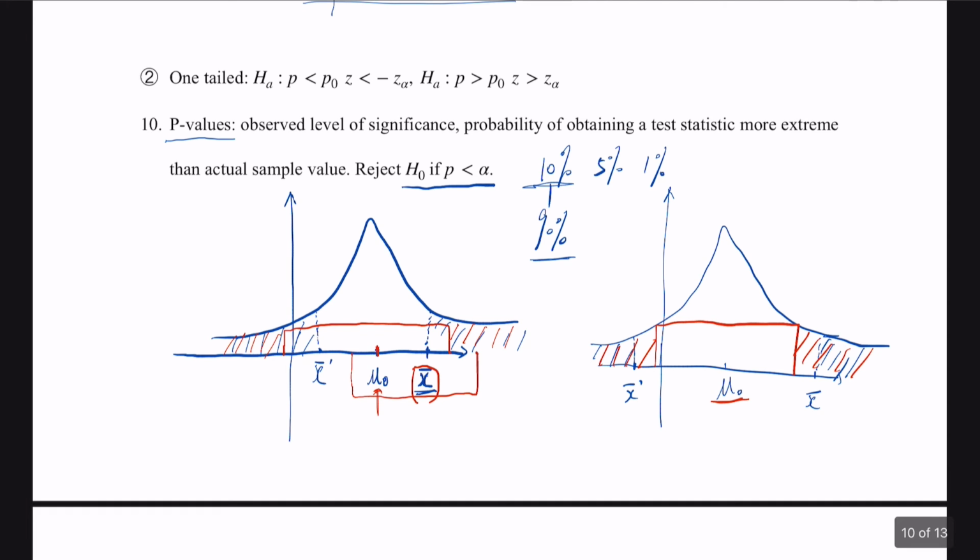If you are 99% confident, that only represents that the p-value is only 1%. However, if you want an alpha to be 10%, you have to reject your hypothesis because you are too confident.